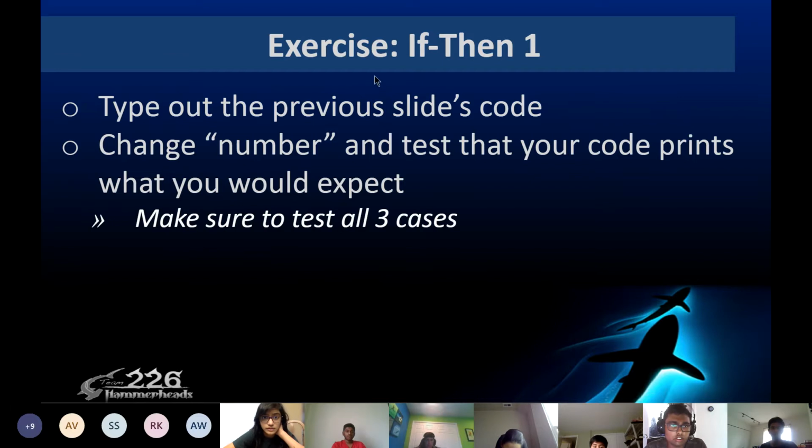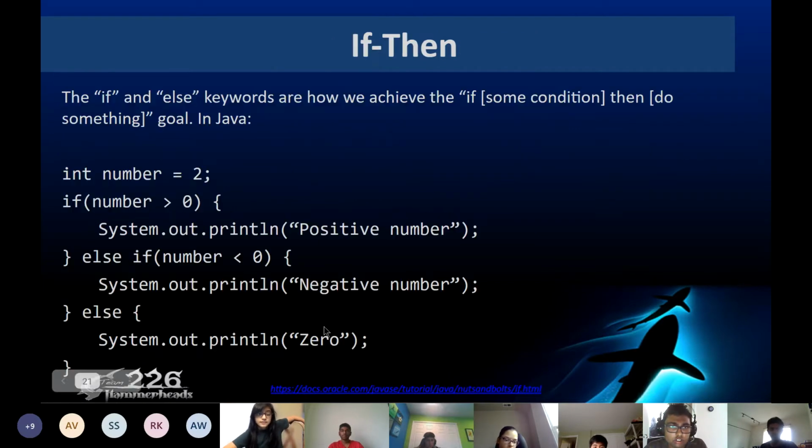Type out the previous slide's code, and then change the number variable. Instead of 2, you can pick your own number and make sure that your code prints what you would expect. I'll go back to the previous slide so you guys can see the code. You can do it in your own workspace, and we'll give you about 5 minutes to test it out.